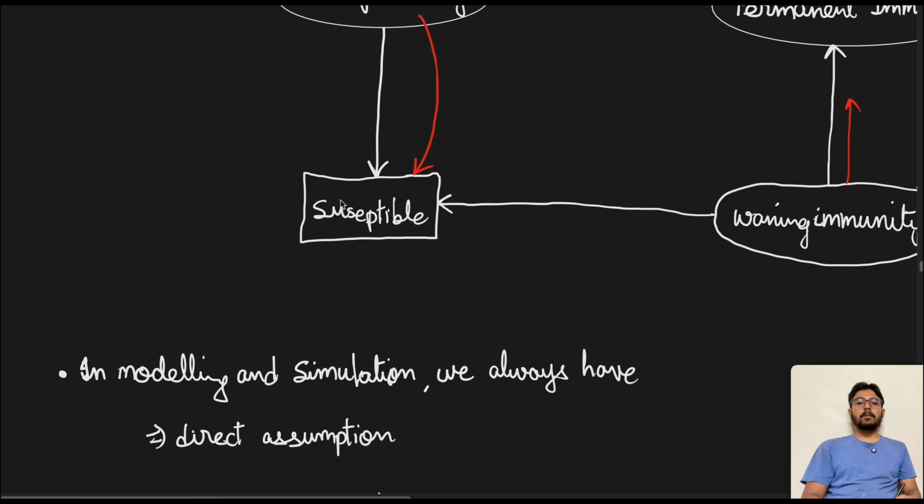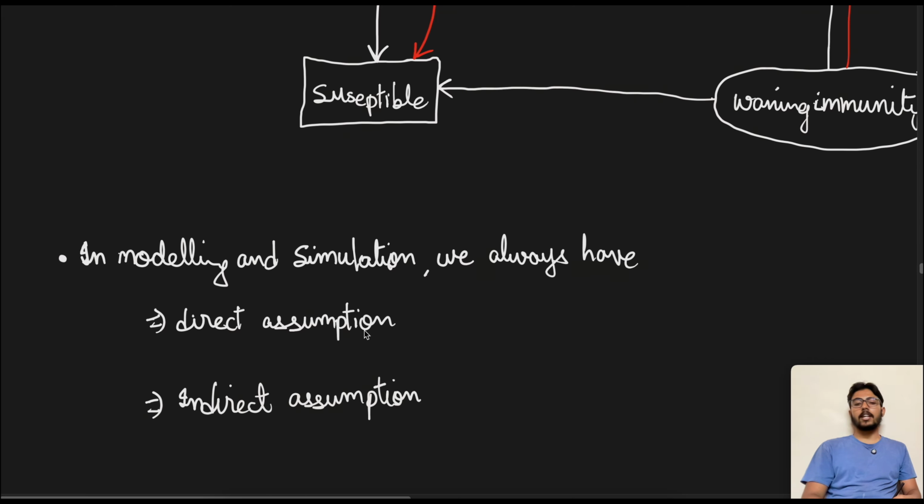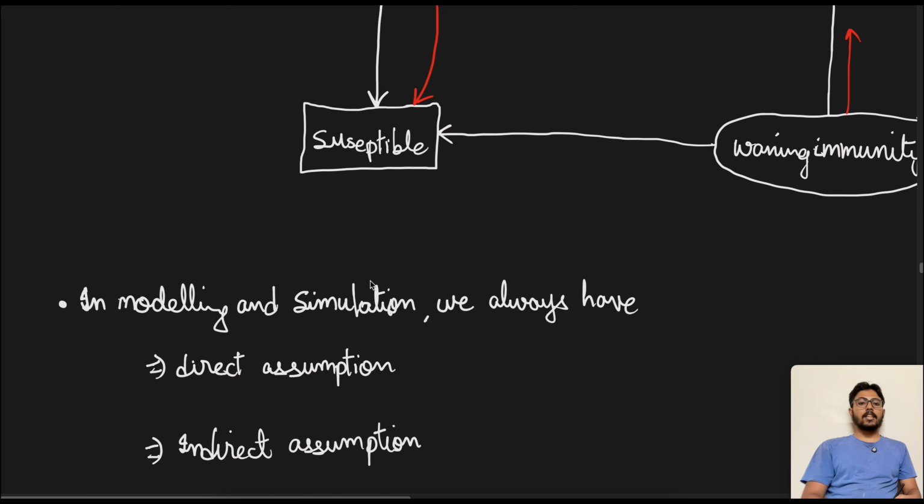Next, we try to summarize what we derived thus far. In modeling and simulation we always have direct assumptions and indirect assumptions. In this case the direct assumption is obviously that the disease spreads from one person to another person, while in reality it may happen that it spreads from one to many persons, right? So those assumptions are direct in nature.